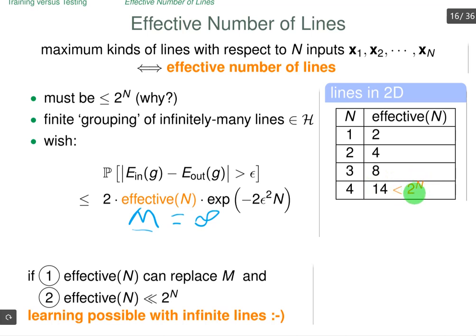Because if originally M is equal to 16, then the effective number of hypotheses is equal to 14. Having M limited, restricted, is good for us, because we want the probability of this bad event to be a small number. That is one of the main goals of considering the effective number of hypotheses.